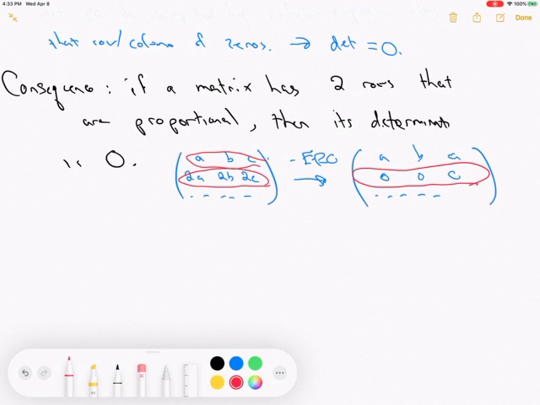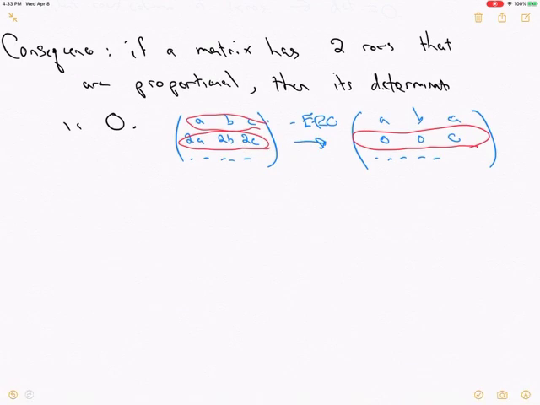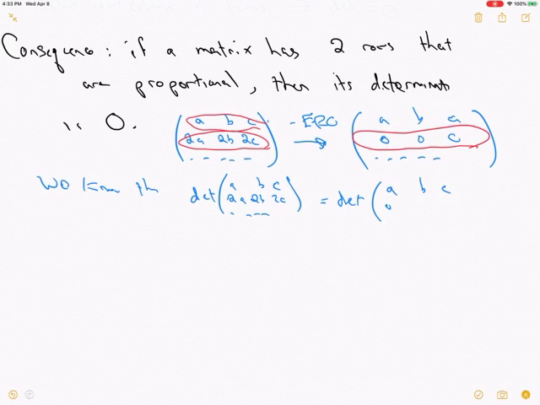And we talked about how this elementary row operation, where you subtract one row from another, doesn't affect the determinant. So we saw that in the previous video. We know that the determinant of this matrix here, A, B, C, 2A, 2B, 2C, is the same as the determinant of this matrix here, A, B, C, 0, 0, 0.